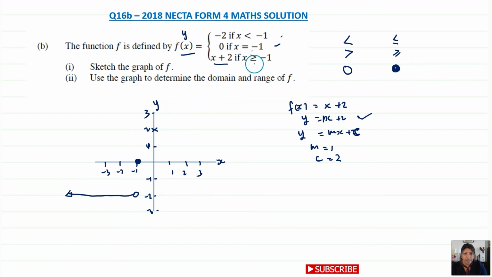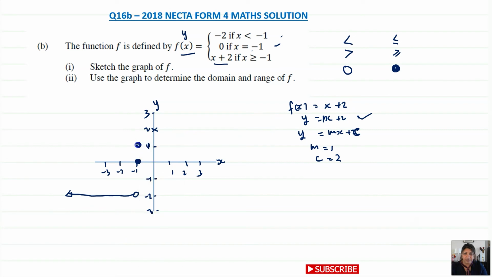Then we're told x can be -1, so when x is equal to -1, what is the value of y? If you put the value of x in here, -1 plus 2 is 1. So f(x) is 1. We go up here and we need to draw what circle?